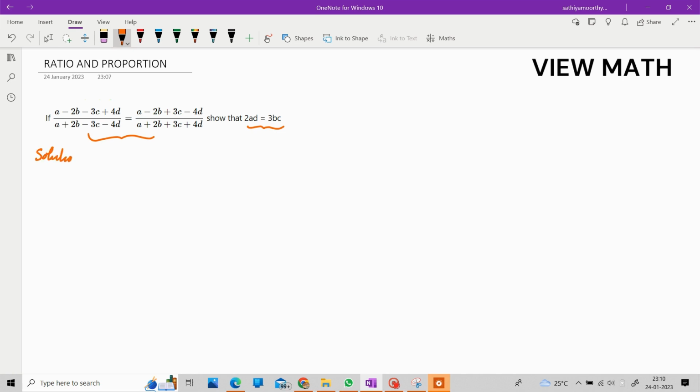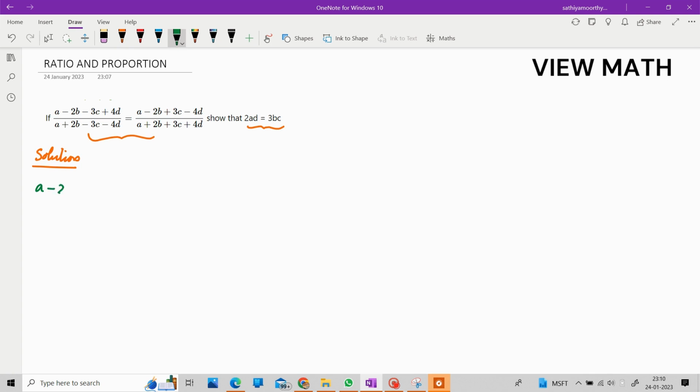So now I'm going to apply the componendo and dividendo property together to simplify it and to reduce the terms and to show that 2 times ad is equal to 3bc. Now I'm going to apply the componendo and dividendo property.